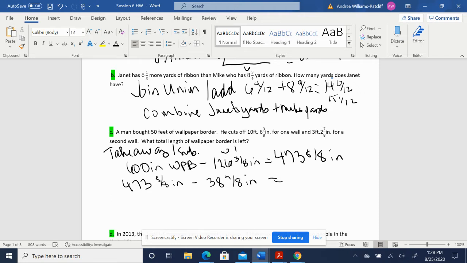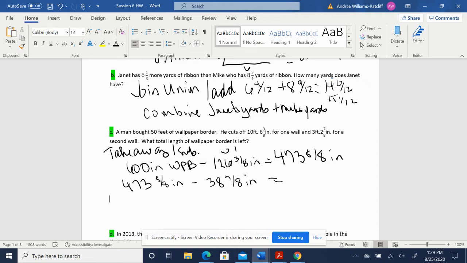Okay, so let's think about what we've got here. We have 473 5/8. Start with the wholes first. If we have 473 and I need to remove 30, 30 would put me at 443. And then I need to remove another 8. Okay, so I would be at 435 at that point. So I've taken all of the 38.